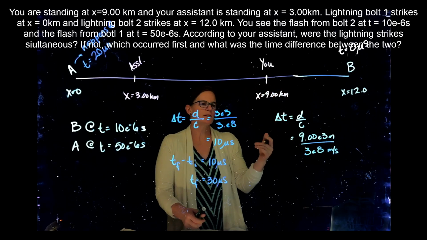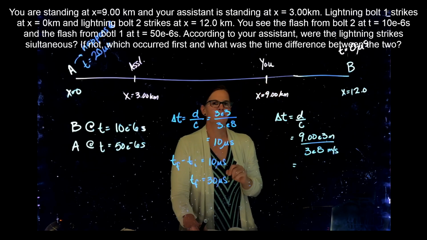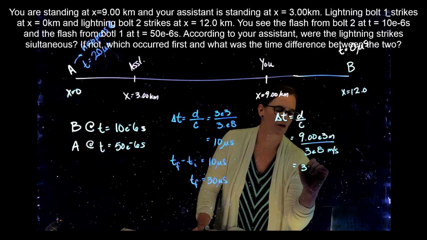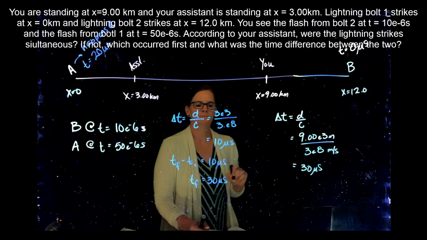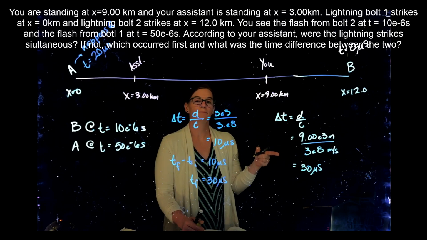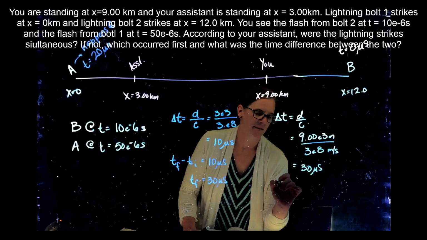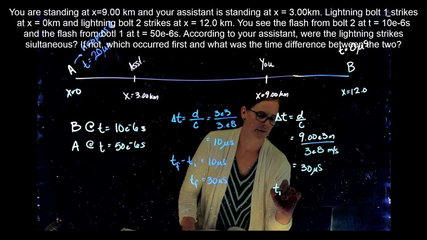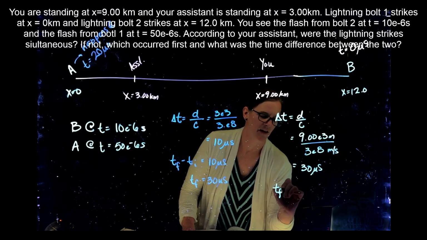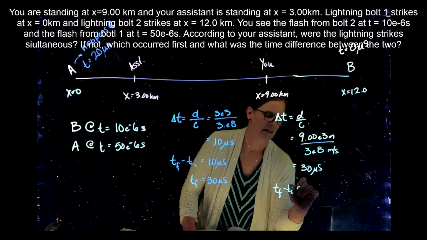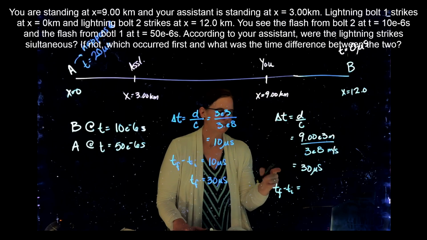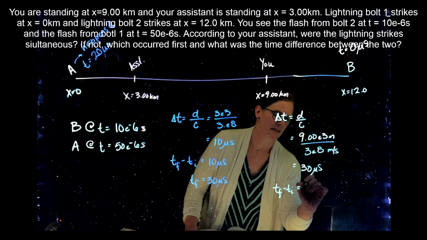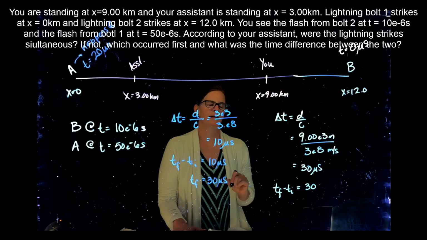So the amount of time it takes for the light to reach the assistant is 30 microseconds. That's the change in time, delta T, T final minus T initial, equal to 30 microseconds.